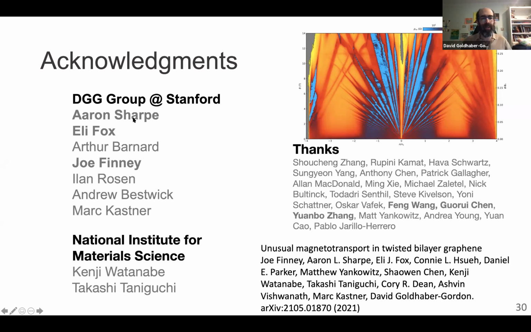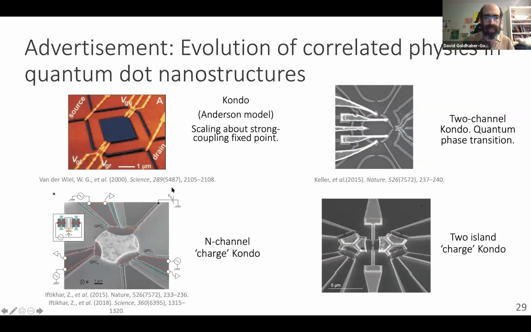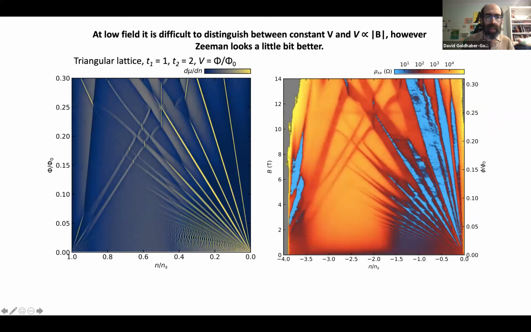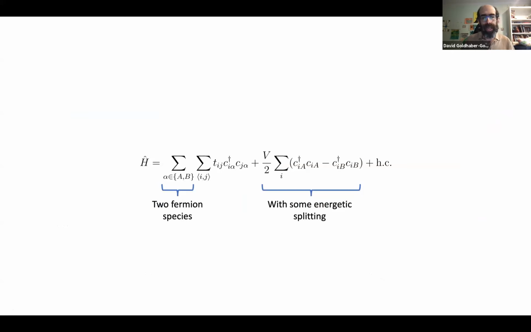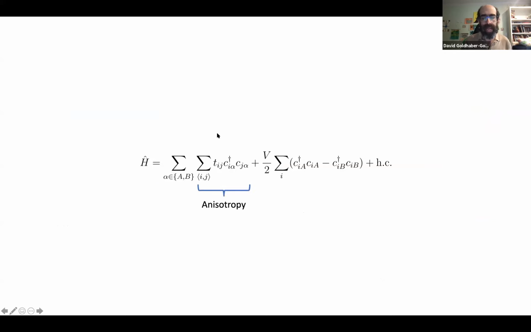The Hofstadter model you used is just a single square or triangular lattice. That's right, that's what it starts with, but then we add anisotropy. On the square lattice, that's easy to think about: its hopping is different in one direction from the other.